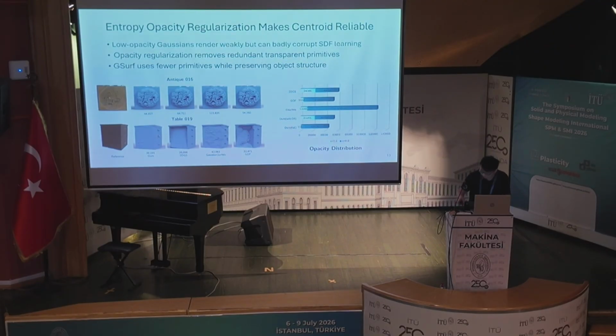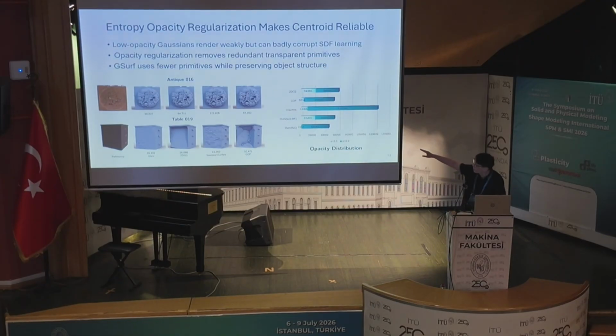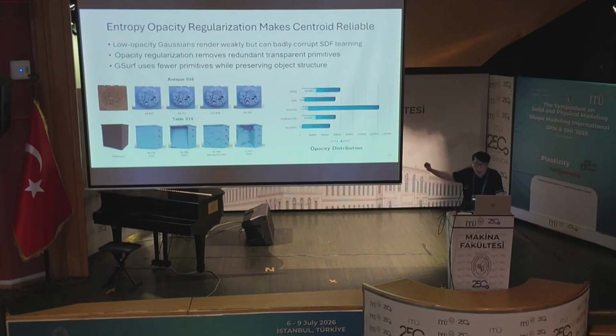If you check the bar chart, the bottom one is our full model. The number of transparent Gaussians with threshold below 0.5 is only 1,000, while the overall number of Gaussians is more than 43,000.